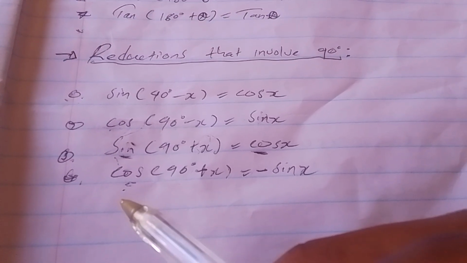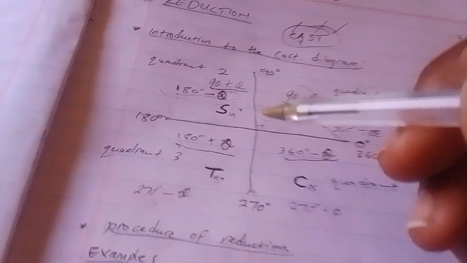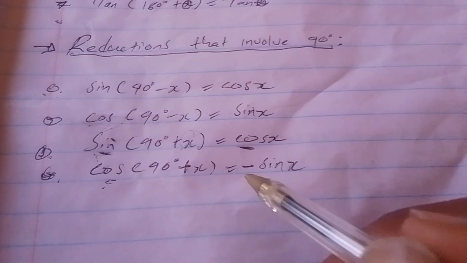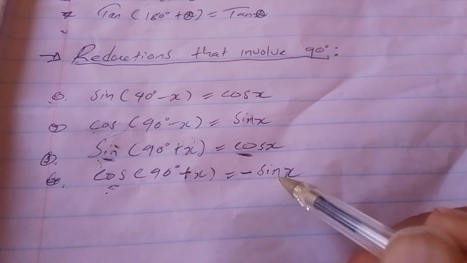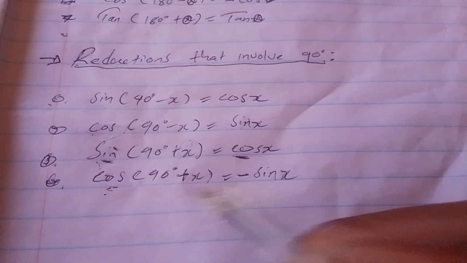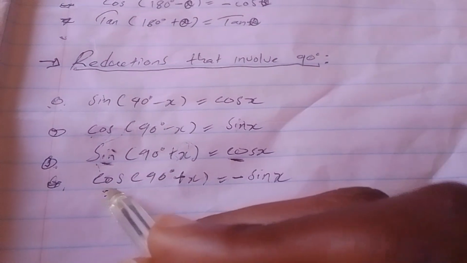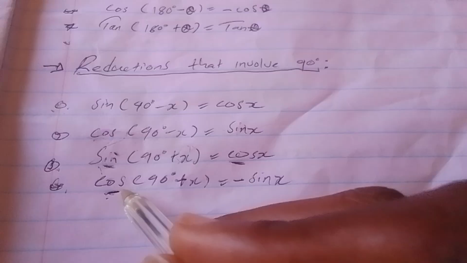You know what I mean? Only sine on our second quadrant is positive, which means the cos will be negative. Hence I have the negative answer, which is negative sine x. It's negative, but again they change from cos to sine. So okay, we're done here.